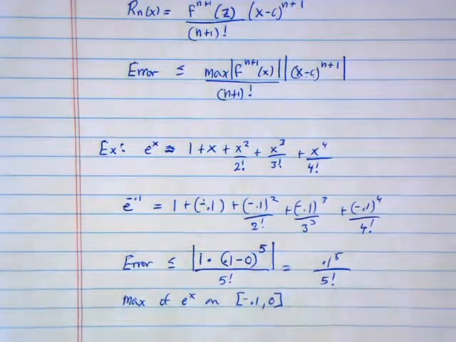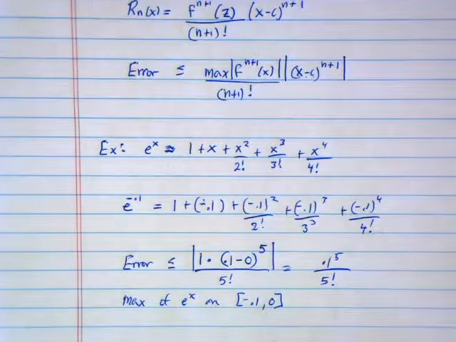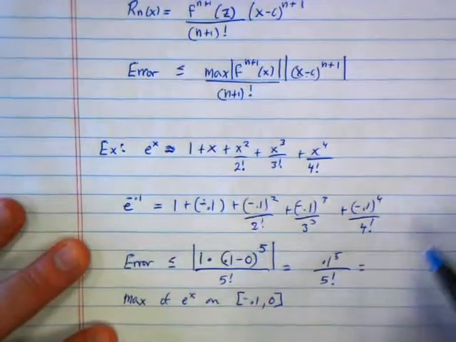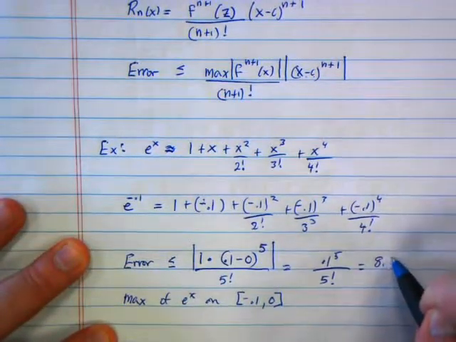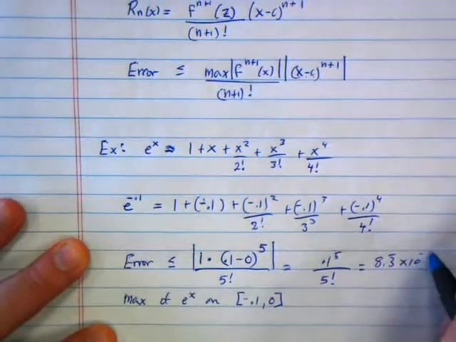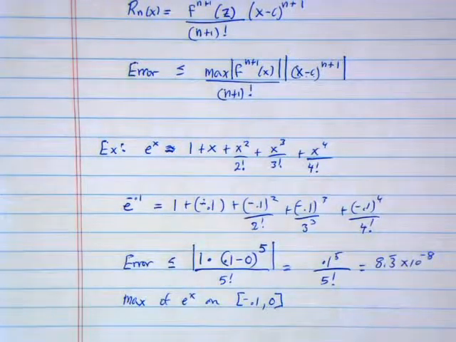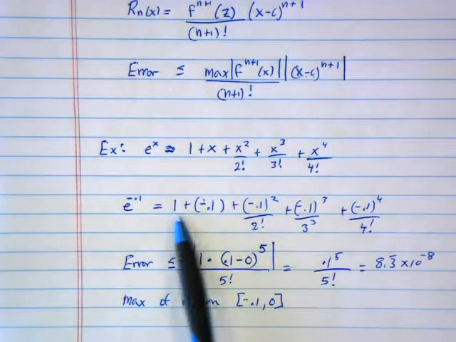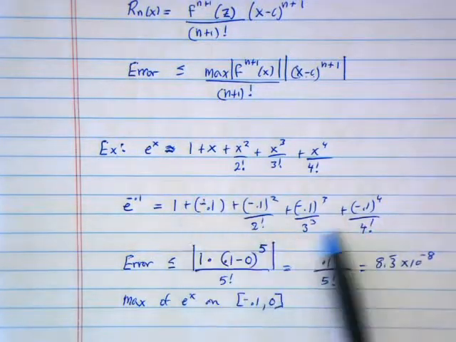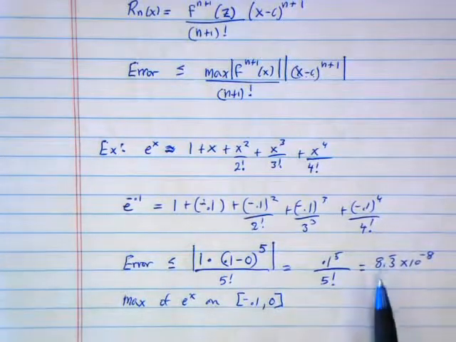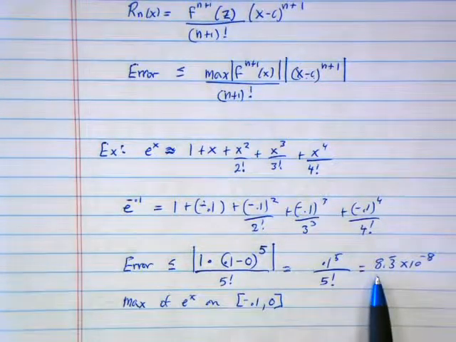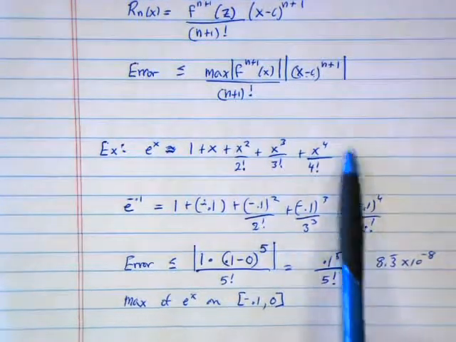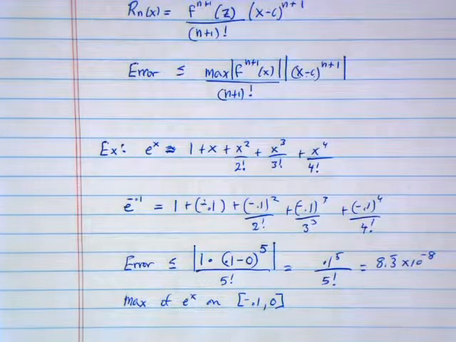And then you divide that by 120. 8.3 repeating times 10 to the negative 8. That's pretty low. So what that would tell me is, if I were to work this out and calculate it, I'm accurate to like 8 decimal places with only having computed 4 terms of the Taylor polynomial.